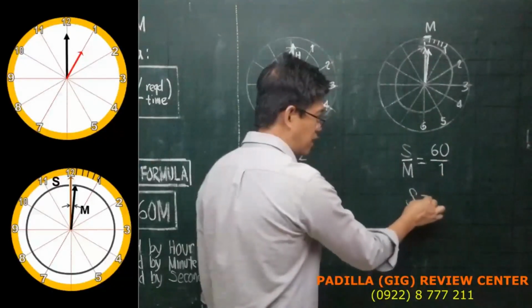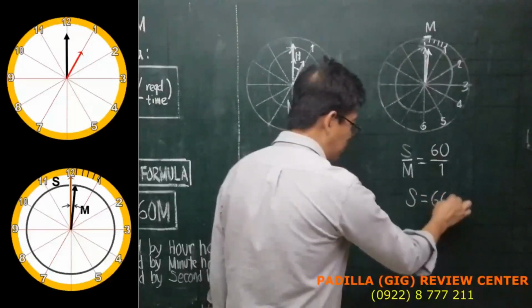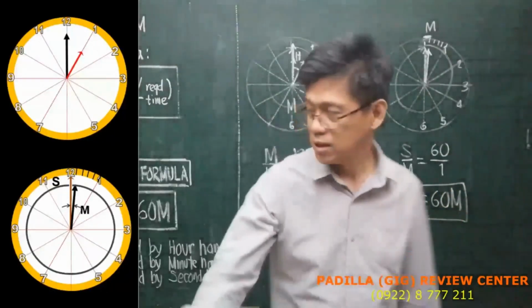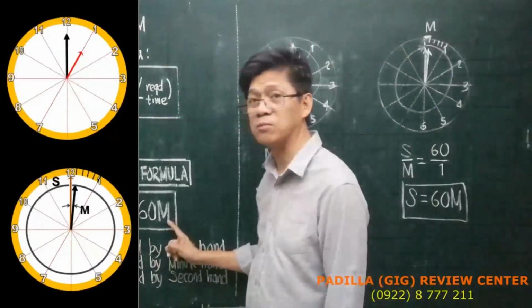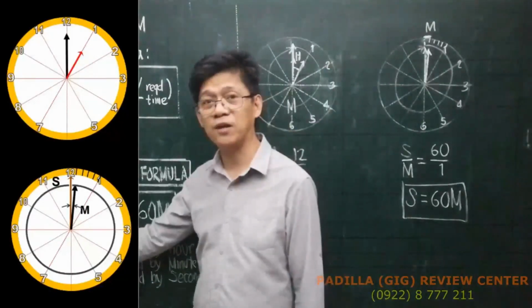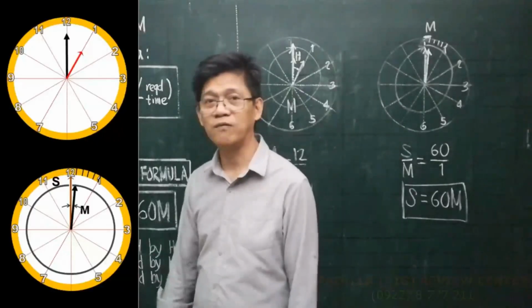So we will have S is equal to 60 times M. The second hand travels 60 times the distance traveled by the minute hand, while the hour hand travels only 1/12 that of the minute hand. You follow?